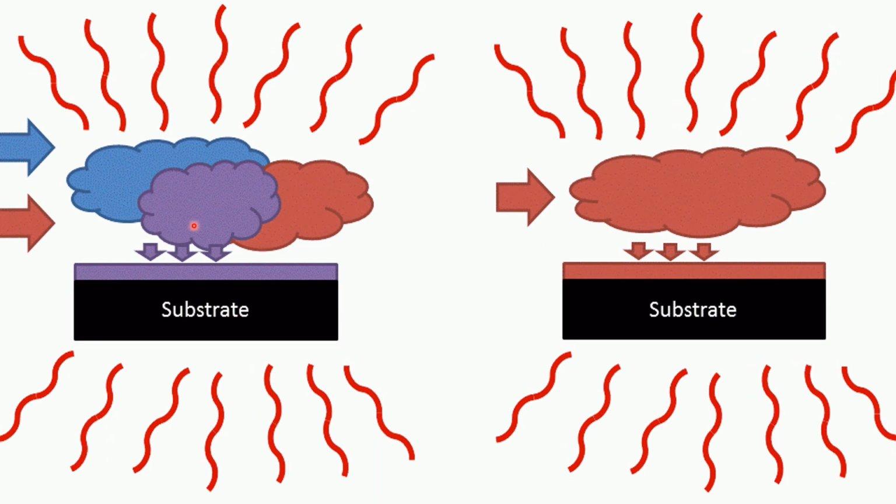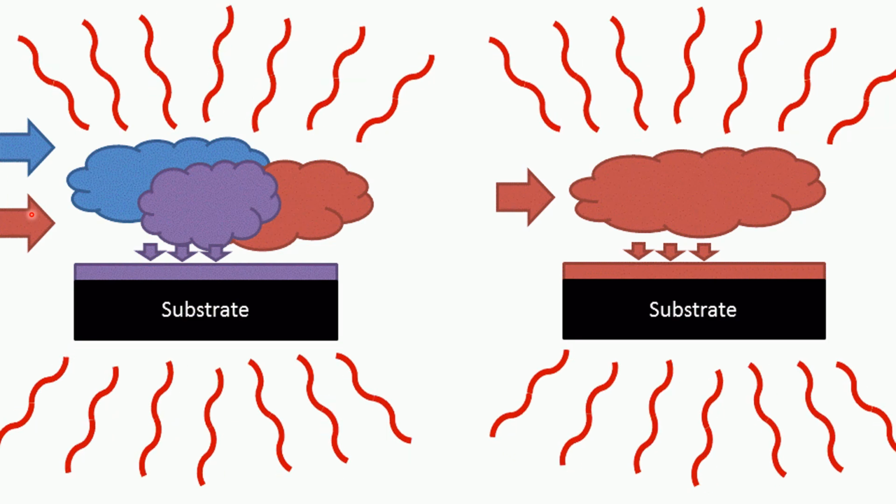So initially in chemical vapor deposition process you introduce different kinds of organometallic precursors. Okay, these precursors get chemically reacted on the surface of the substrate and then they condense and convert into thin film.